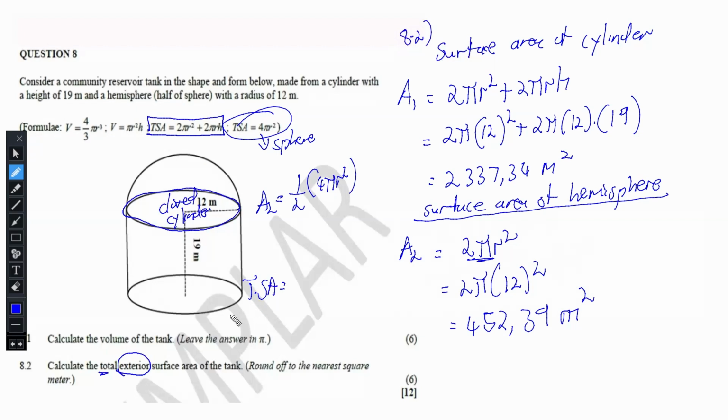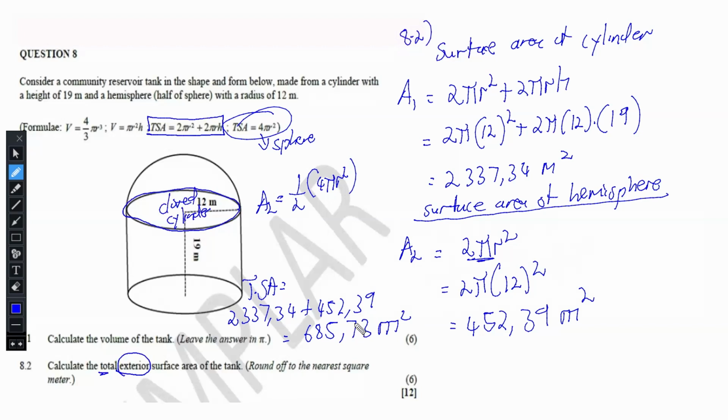And then for the total exterior surface area, we have to add the areas of the two. So it's 2,337.34 plus 452.39, right? And then this is giving us 2,789.73 meter square. But then remember, the instruction is round off to the nearest square meter, right?